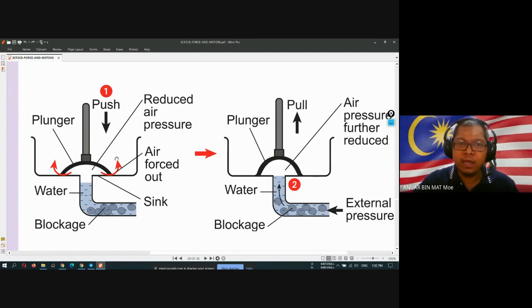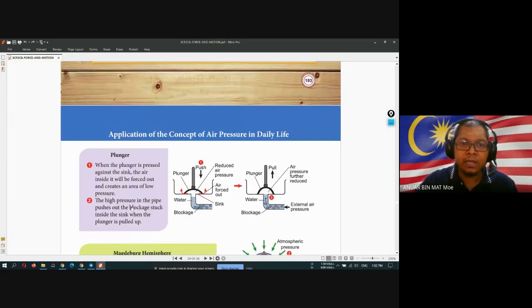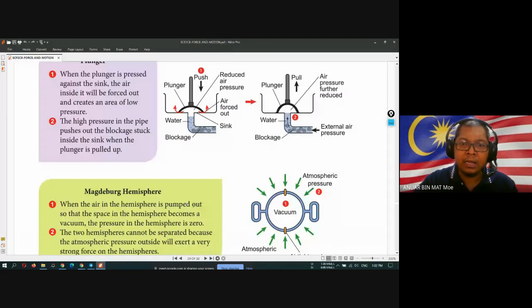Try to identify the area that has low pressure, which area has the highest pressure, and what the effect is on the blockage inside the pipe. This I already covered last week.